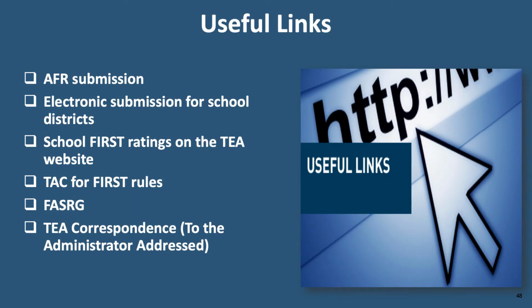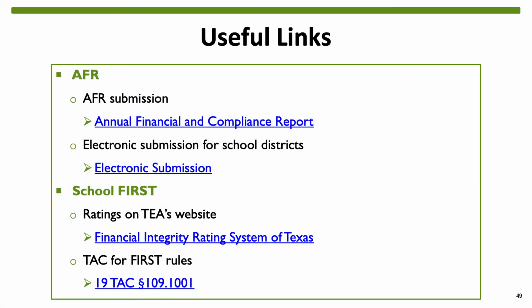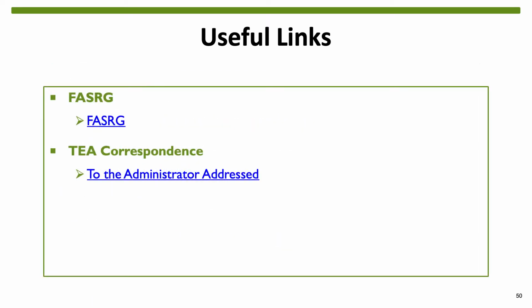Okay, useful links. These are all live links. AFR submission, electronic submission, School FIRST, the 19 TAC 109, which you should all know. Please read it because that contains the graphic and the rules for FIRST. FASRG, which is currently out there for adoption, and TEA correspondence.